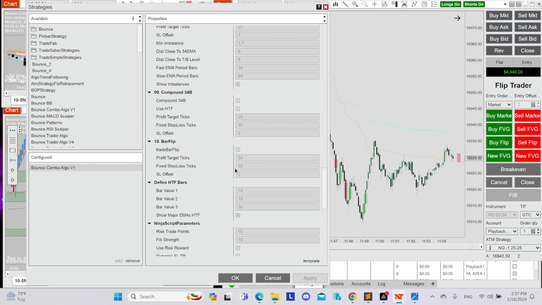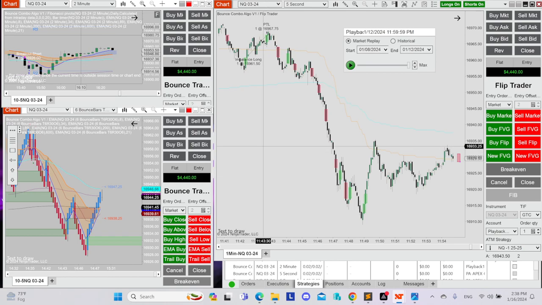So if you select here trade bar flip, you would mark it here, and you would set your profit target and stop loss ticks. You may try that and find out for yourself which bar size would be more appropriate for you.